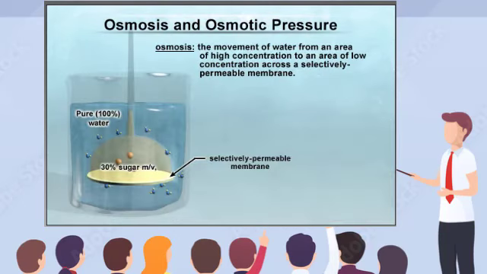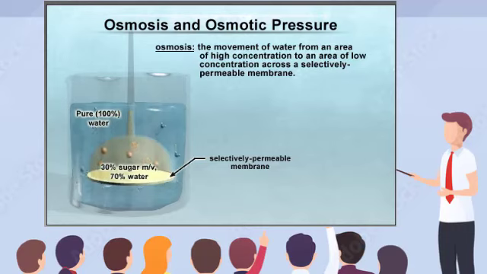Water tends to flow from an area of higher water concentration to an area of lower water concentration in a process called osmosis. Therefore, in this example, water molecules will move across the selectively permeable membrane into the sugar solution because the sugar solution contains a lower concentration of water, 70% water versus 100% water.